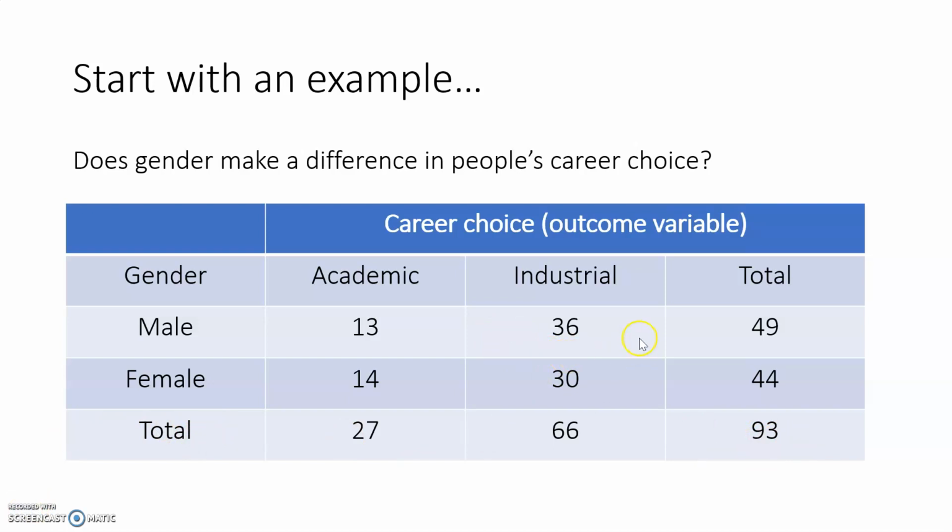By just looking at this sample, it seems that the guys tend to go to the industrial field, because we have 6 more guys in industry compared with the 30 females in industry. But we're not just interested in this sample, we're interested in the population behind this sample. That is, whether the gender difference exists in people's career choice in the general population, right?